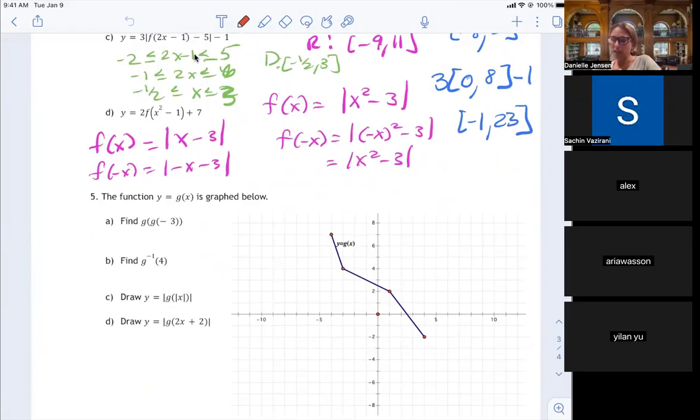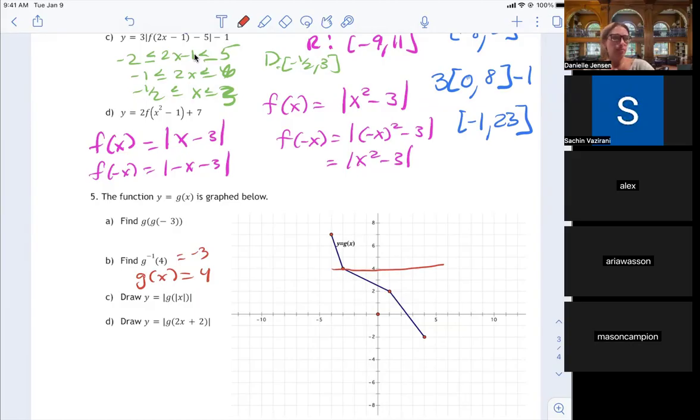If I want to find g inverse of 4 using this graph, how do I do that? 4 is the output, so you look at y is 4. Exactly. This means the output of g of x would be 4. So let's find the input that would give us that output of 4. And that would be what there? Is it -3?